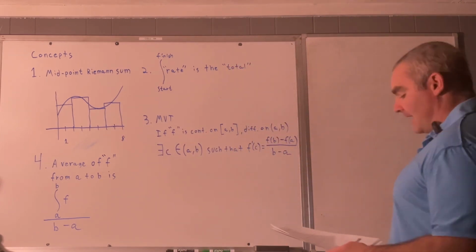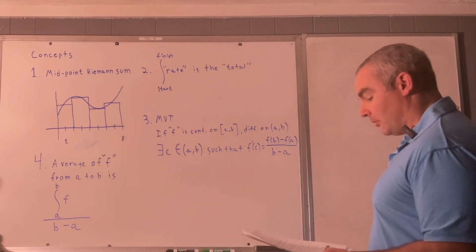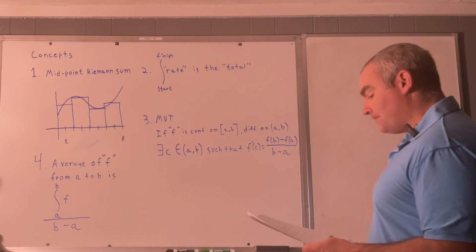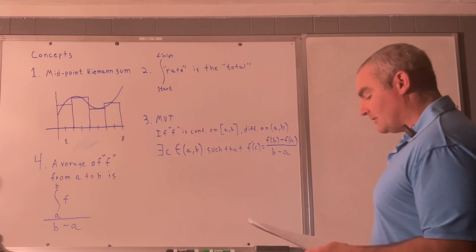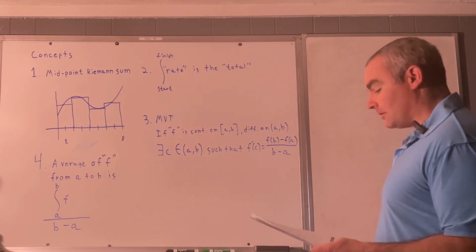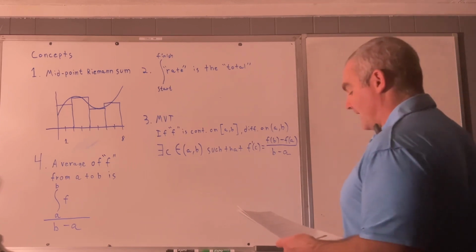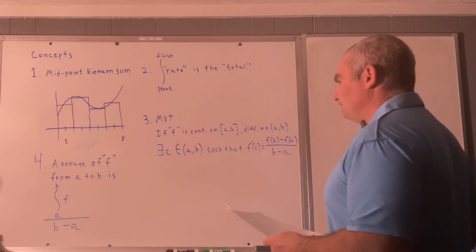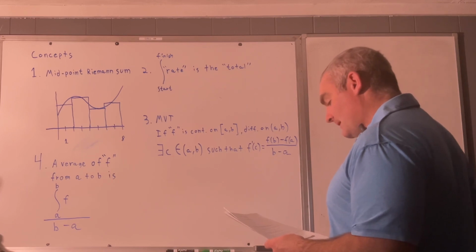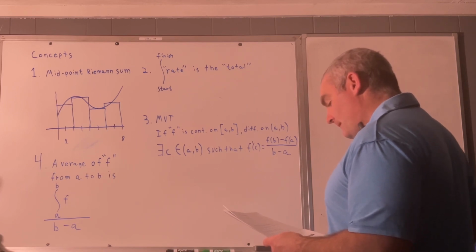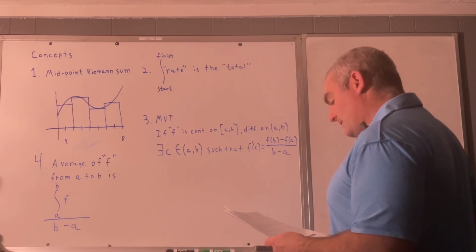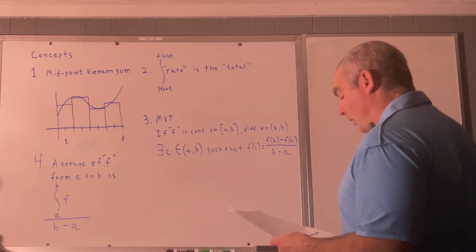So to use that on our problem, if you're looking at the chart, it lists t in hours and r of t in gallons per hour. It says to divide it into 4 subdivisions.